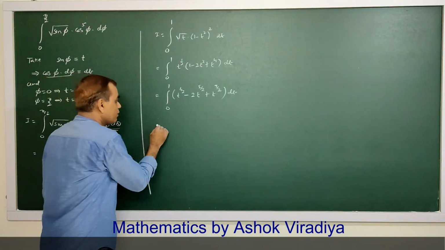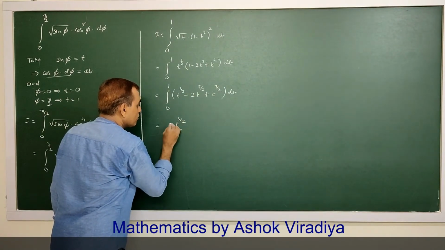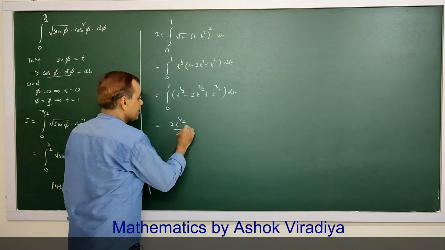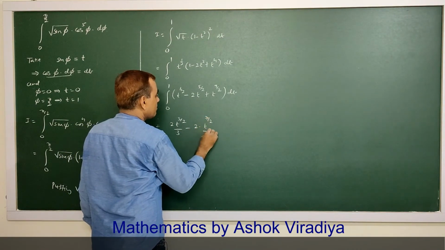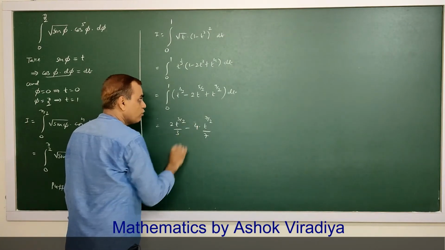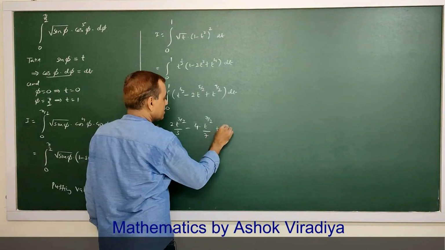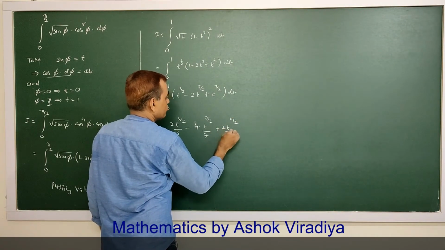Now it is integrable. This integral is t raised to 3 by 2 upon 3 by 2 minus 2 into t raised to 7 by 2 upon 7 by 2, so 2 into 2, that is 4, plus t raised to 11 by 2 upon 11 by 2.